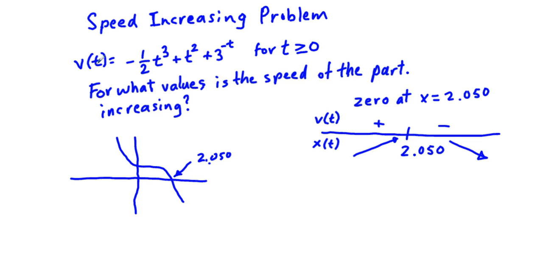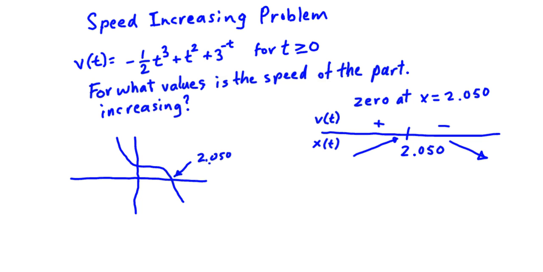This is the graph of the derivative, v of t, not the original function. So we have positive to the left of 2.050 and negative to the right, and this is what our number line analysis would look like.